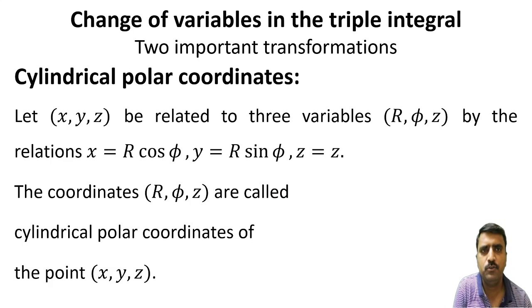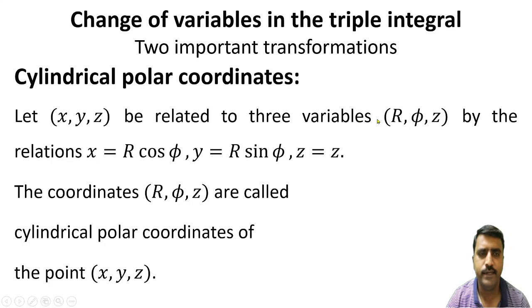So here we have two important transformations. That means by changing the variables from Cartesian to two more. One is the cylindrical polar coordinates. So we are changing from Cartesian form to cylindrical polar coordinates. So that is the one transformation, and another transformation is Cartesian to spherical polar coordinates. So okay, here the Cartesian variables x, y, z, be any point, say, the three variables in Cartesian form.